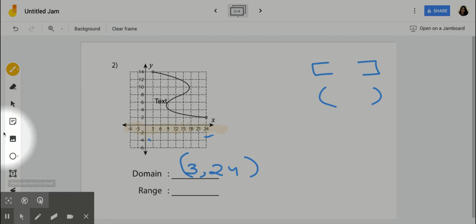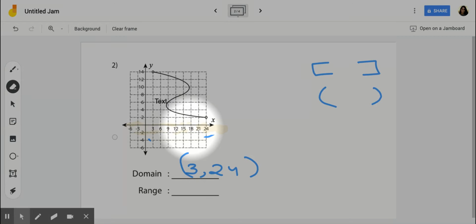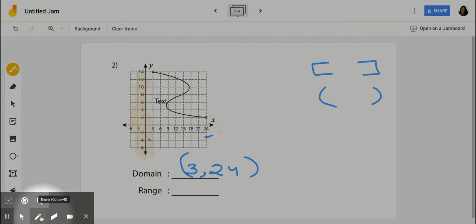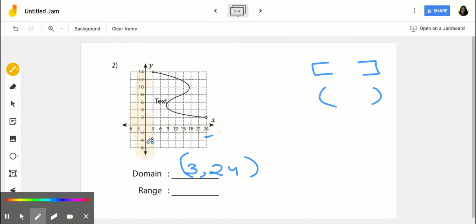Okay, let's go back and highlight the other one now. So we're going to go back and worry about the y values. Okay, when I go back and worry about the y values, let's start top to bottom. And I'm not going to make the same mistake. I'm going to go top to bottom and look. And this looks like the first y that gets hit by this graph.